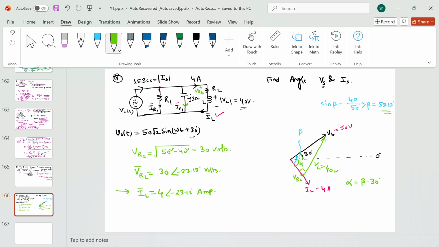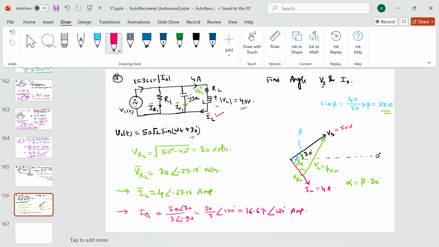And the capacitor current IC1, so this current will be 50 by 3 at an angle of 120 degrees. The source voltage is 50 at an angle of 30, and if you take the capacitive reactance in polar form, that is 3 at an angle of minus 90, so it will be 50 by 3, so 16.67 at an angle of 120 degree ampere.